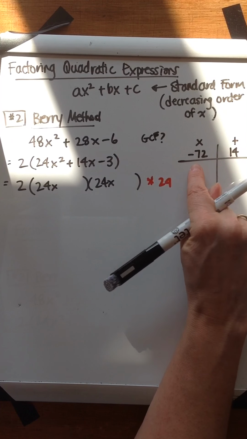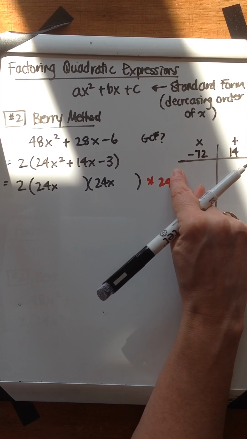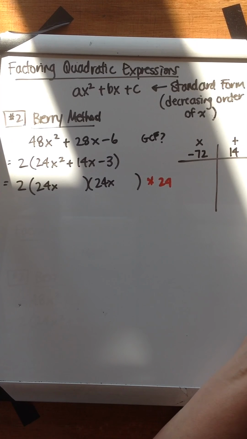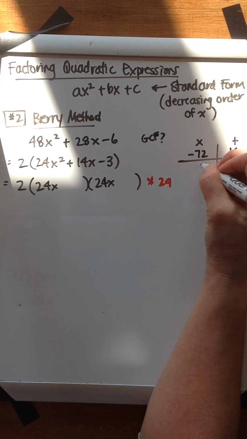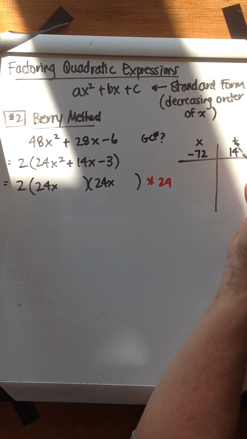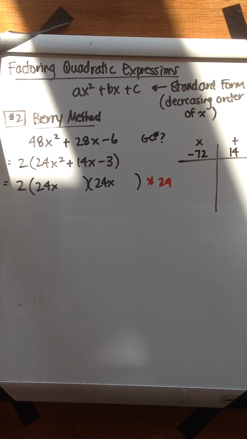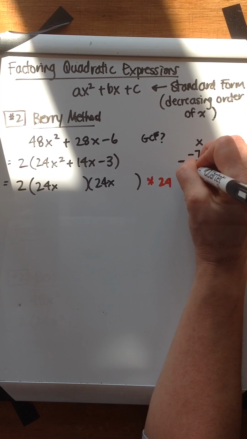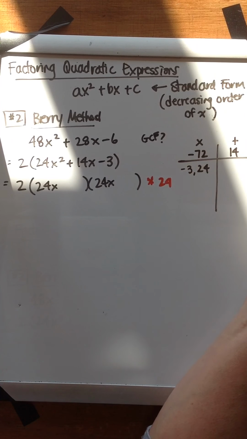So if they multiply to give a negative, that means I've got opposite signs. And because they have to add to give a positive, the larger of the 2 will be positive. I'm not going to start with 1 and 72 or even 2 and 36. We could see if 3 is divisible into 72, and it is. So we could do negative 3 and 24.